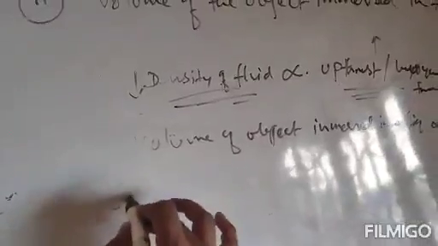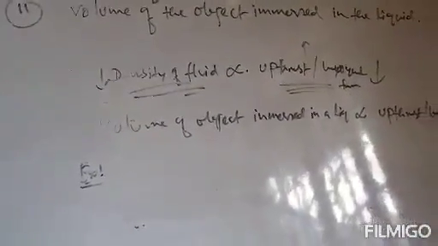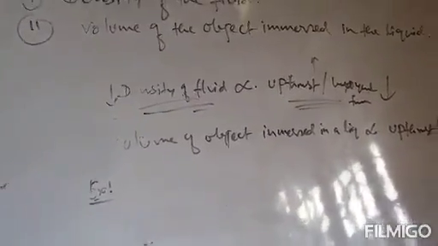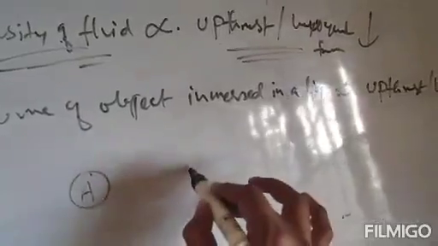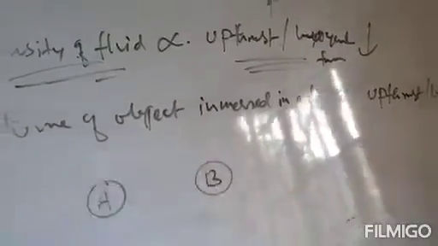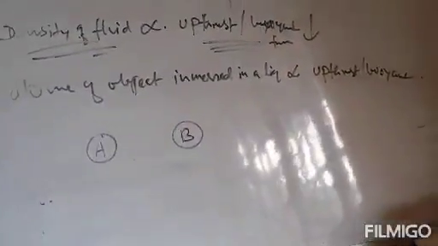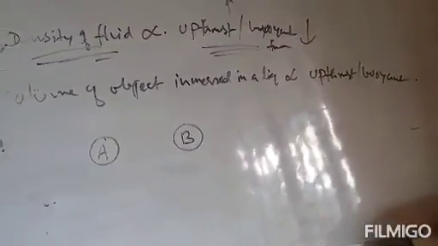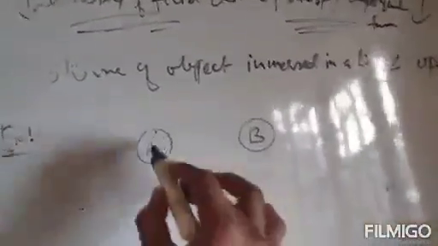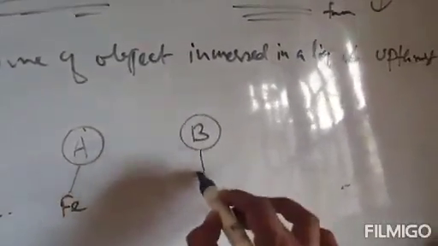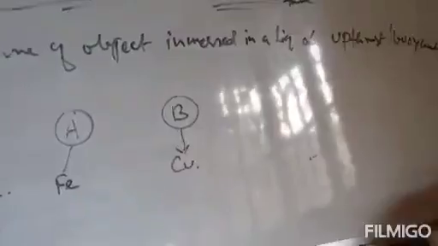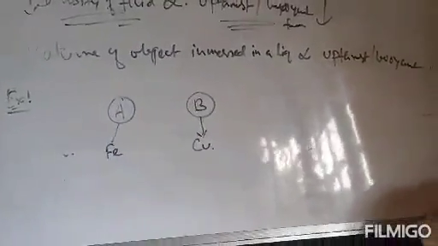Now the example: suppose we have two balls, one ball is A and one ball is B. These two balls are made of different metals.